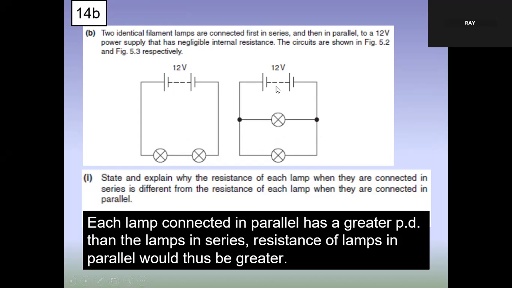Because it has an operating voltage of 12 volt across it, the resistance will be higher. Okay.